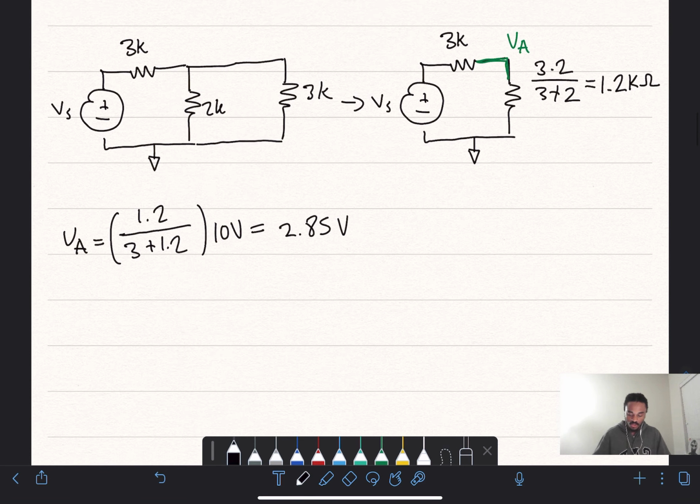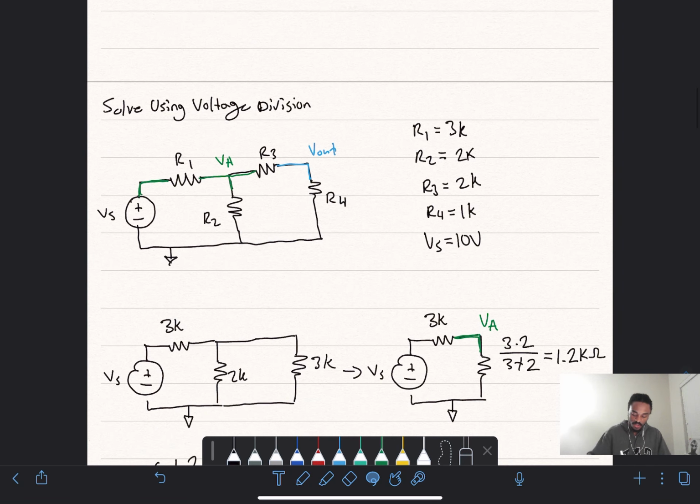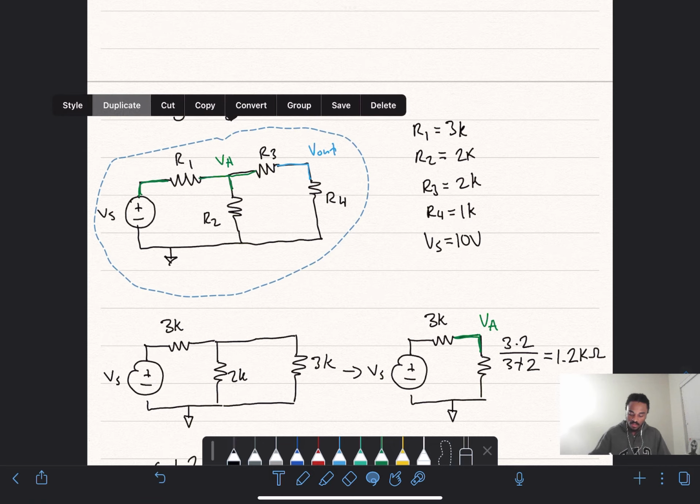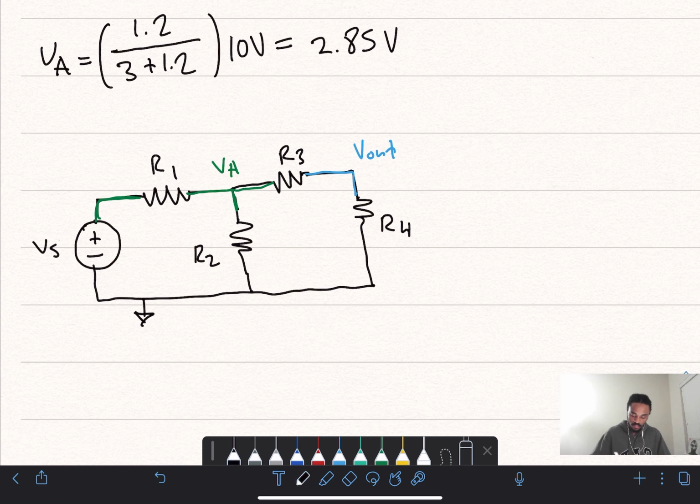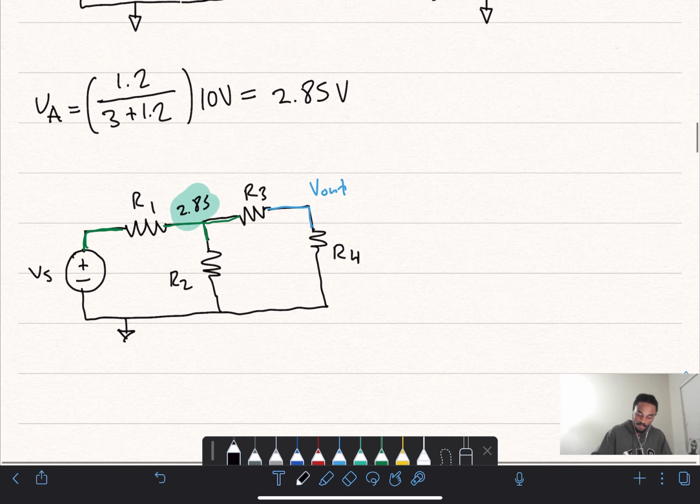So now we can come back up to our original circuit. Now we know what VA is, we have another voltage division problem. I'll label this voltage here 2.85 volts. Now this 2.85 volts is being divided again by R3 and R4. So we can use our equation again to directly solve for V out.